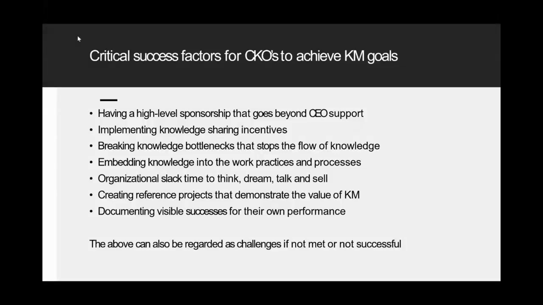Encouraging people, all right, to actually share knowledge. Then, or even having those socialization activities, brainstorming, bringing in the different functions of the business, breaking knowledge bottlenecks that stop the flow of knowledge. Hey, in business, there are so many bottlenecks. In different organizations, there are so many bottlenecks, okay? Sometimes it's just the thing of everyone needs to sign off on something before it can go.